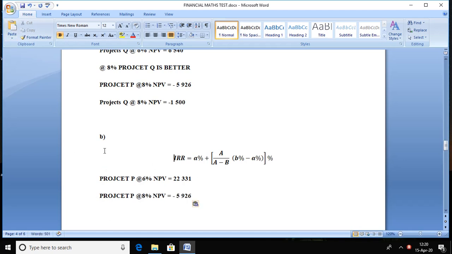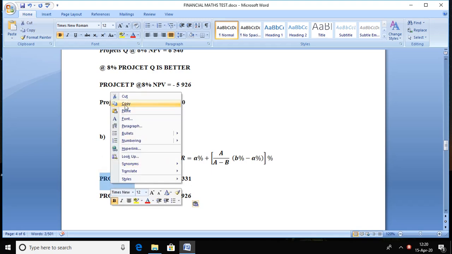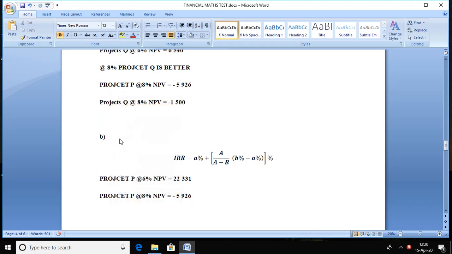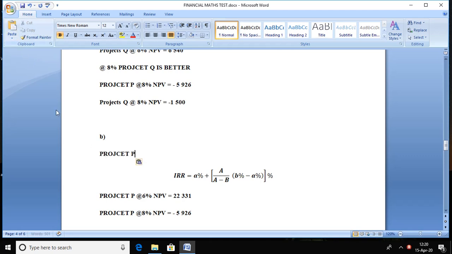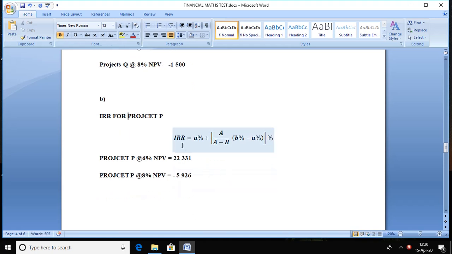So what will be the internal rate of return for project P? Let's substitute in our formula.